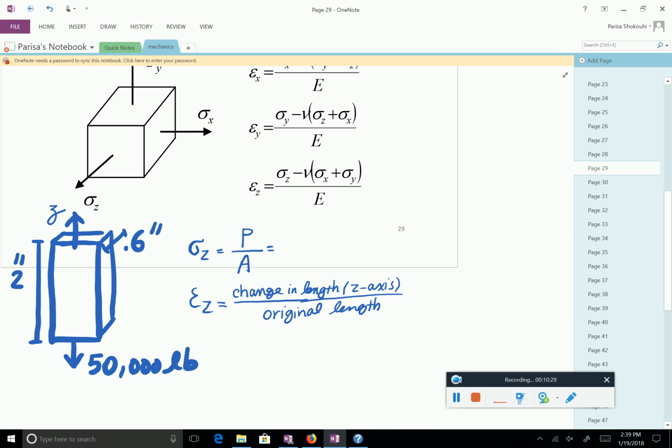To get the stress, we divide the force by the area. Don't forget the units. To soon become engineers, we need to use units. Strain.